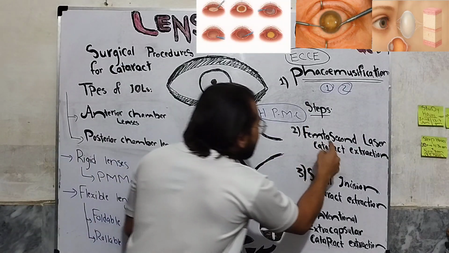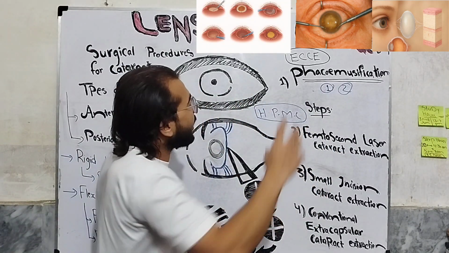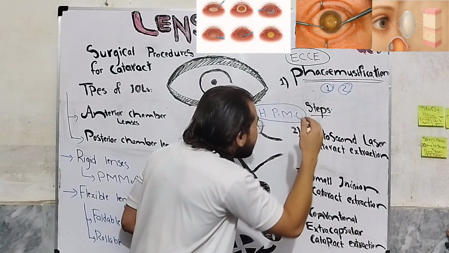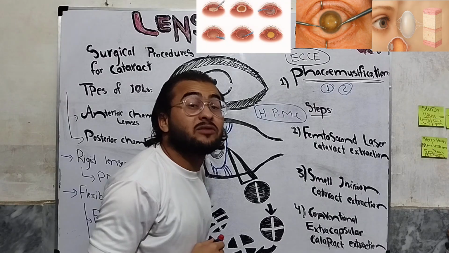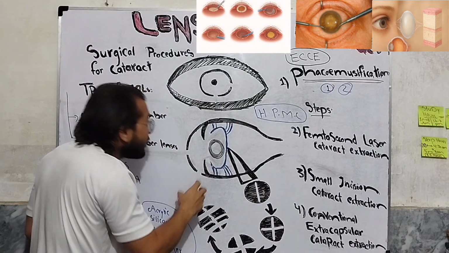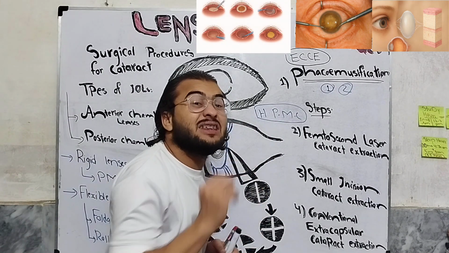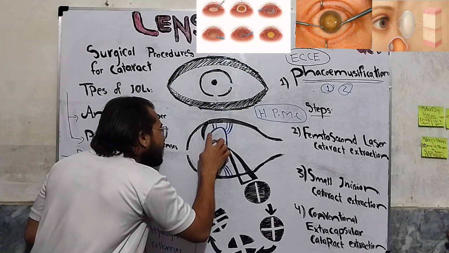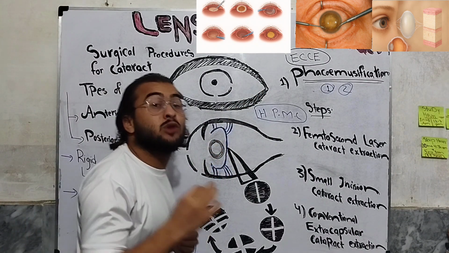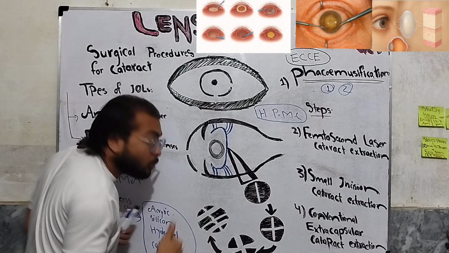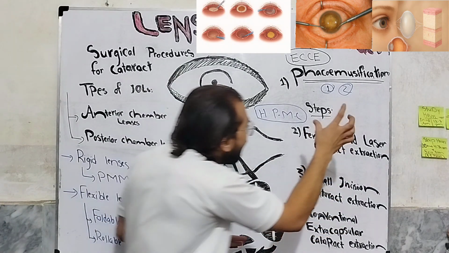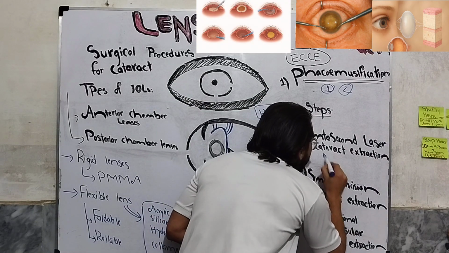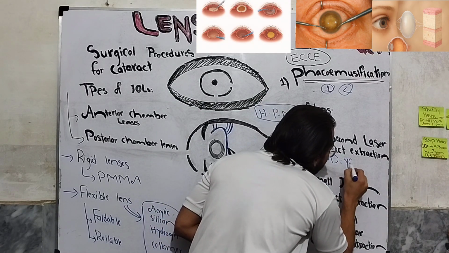Now, femtosecond laser cataract extraction. Remember, all the steps we did in phacoemulsification are similar in femtosecond laser cataract extraction, but now all these steps are done with the Nd:YAG laser. We are making these incisions, the capsulotomy, the removal of the anterior capsular pole, and the breaking of the lens into pieces, all with the Nd:YAG laser.